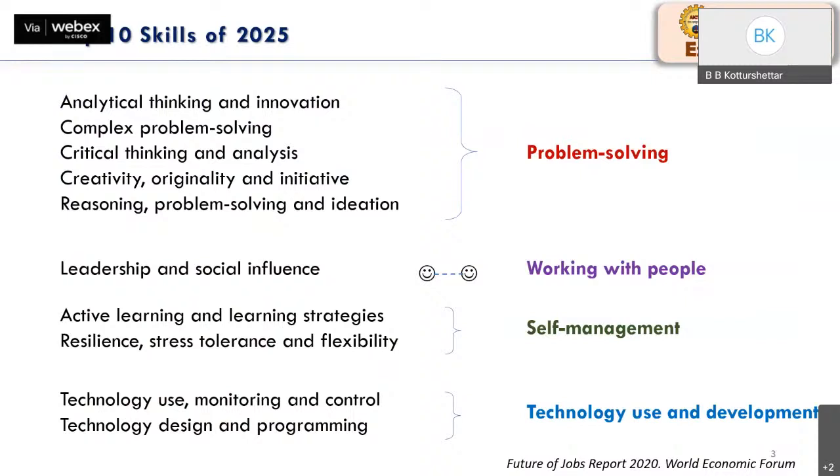The World Economic Forum, in its report on the future of jobs, which came out in 2020, lists the top 10 skills that are expected of engineering graduates by 2025. If we take a look at this list, the top 5 are about problem solving.